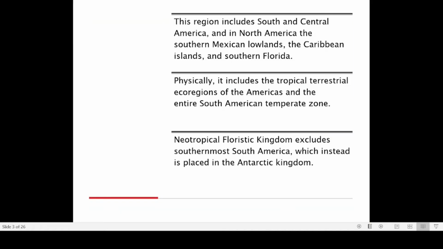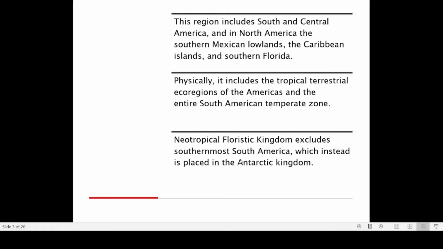So even though 95% of the region is occupied by South America, small portions of the North American continent are also part of the Neotropical region. So the geographical limits of the Neotropical region are South America, Central America, mostly the southern portion of North America, plus the Caribbean islands. So these are the various regions which are coming under the Neotropical region.